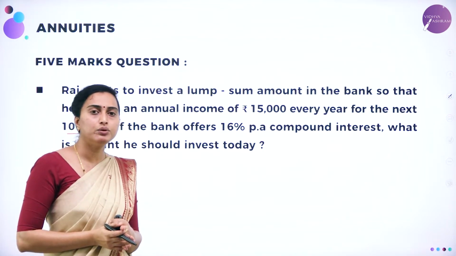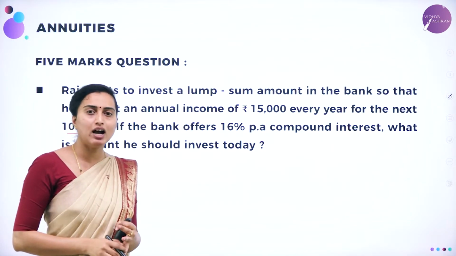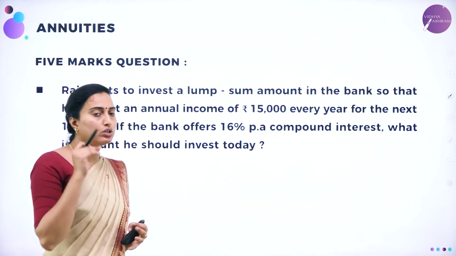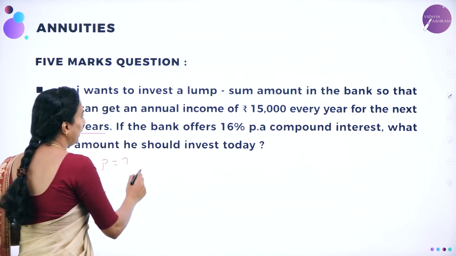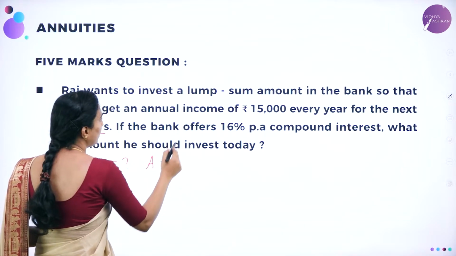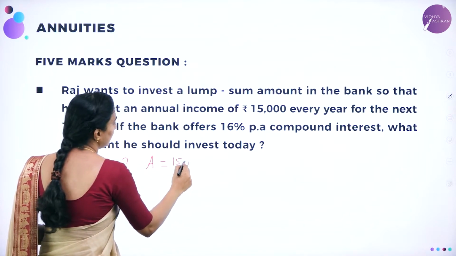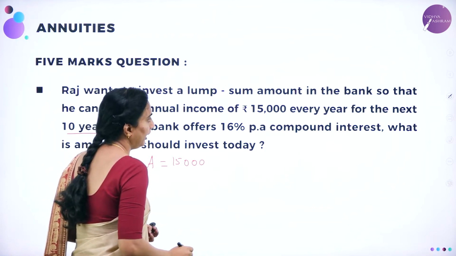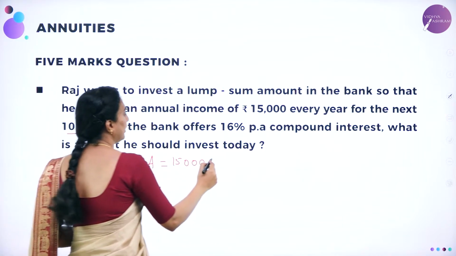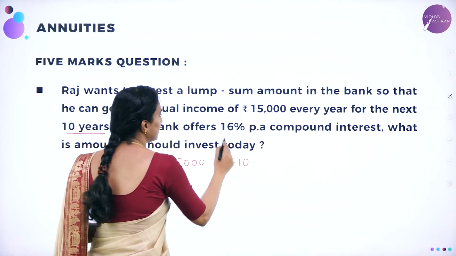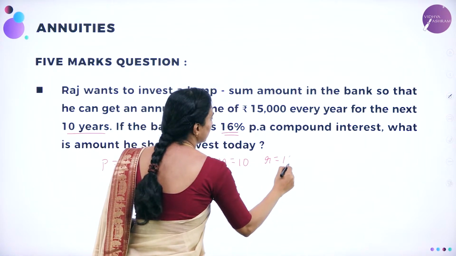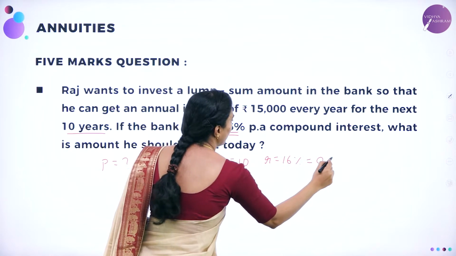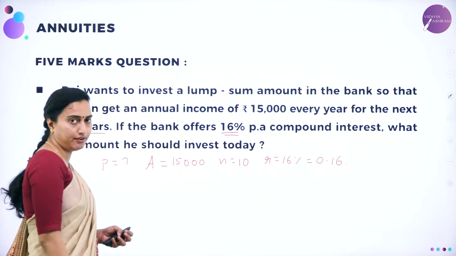Therefore, you need to calculate today's amount, that is the present value amount. So, here P is equal to what? We don't know, we need to calculate that only. A, he is going to receive 15,000, correct? And every year. So, after 10 years means N is equal to 10 years. The bank will be giving the interest as 16%, which can be converted as 0.16 by dividing by 100.